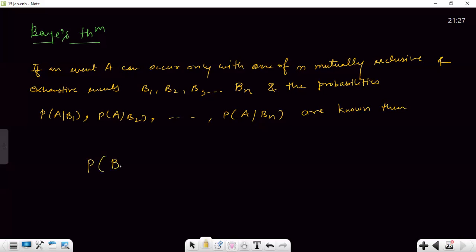Probability of B1 event given that A has happened.